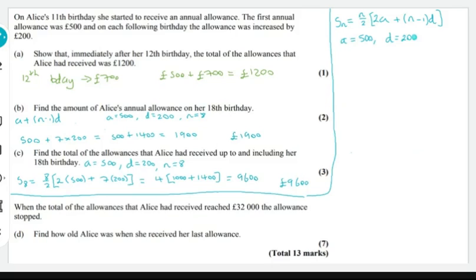This is interesting. The first thing I did was times both sides by 2, so 2Sn is equal to n, and then all of that in the brackets. But although n is on the outside, there's also an n inside the bracket. So we can't just divide that and call it a day. We have to think.